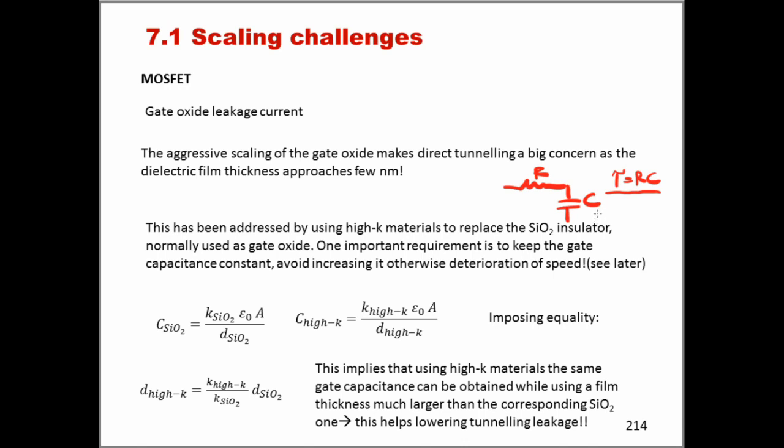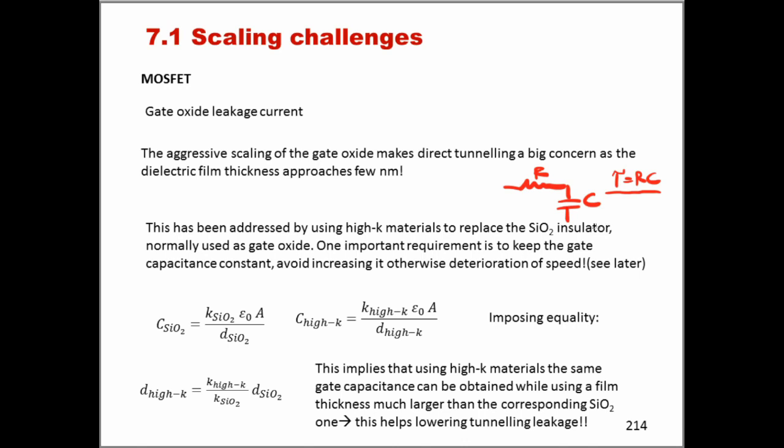It's all related to the charging and discharging of the capacitor C through the resistor R. And so if we were to change C in the scaling process, this would change the time constant, and so the speed at which my transistor effectively could eventually operate. And we don't want that, of course.